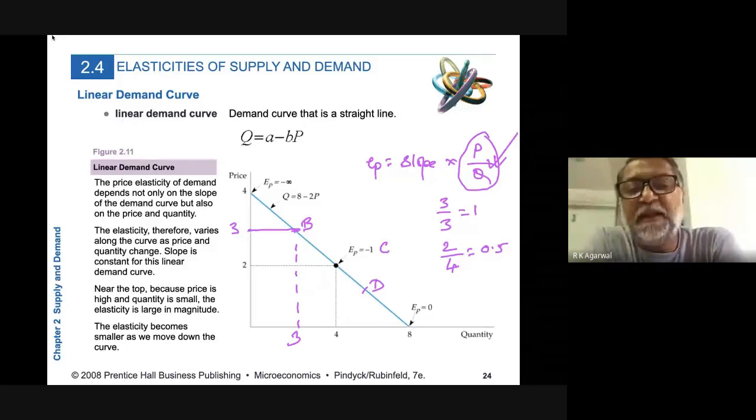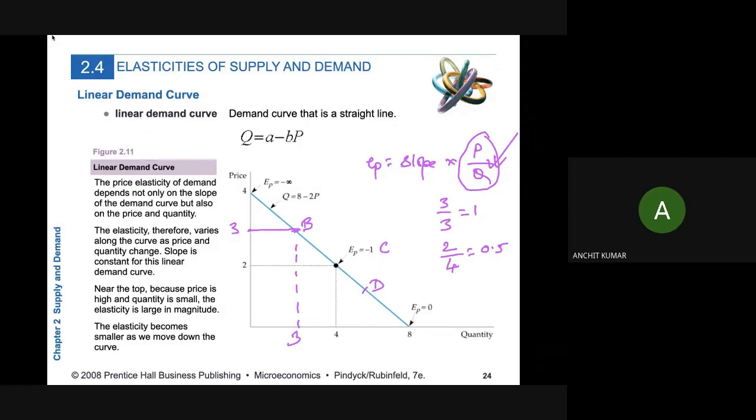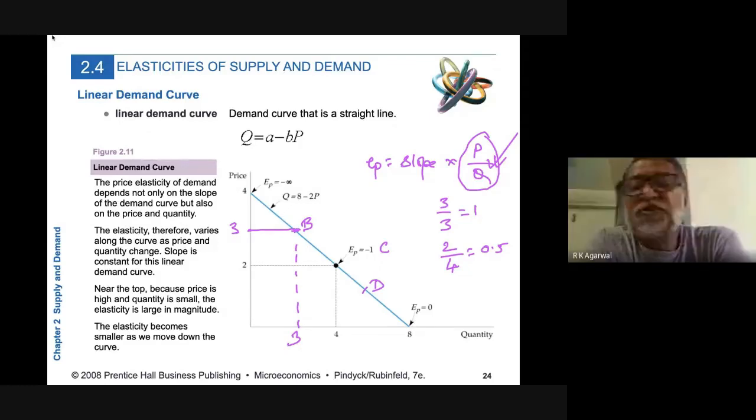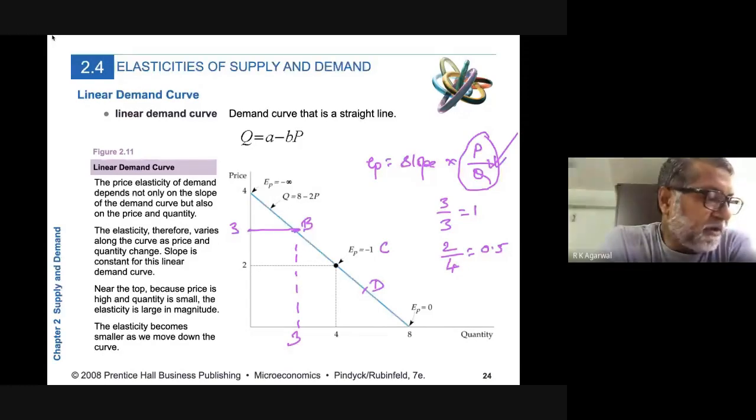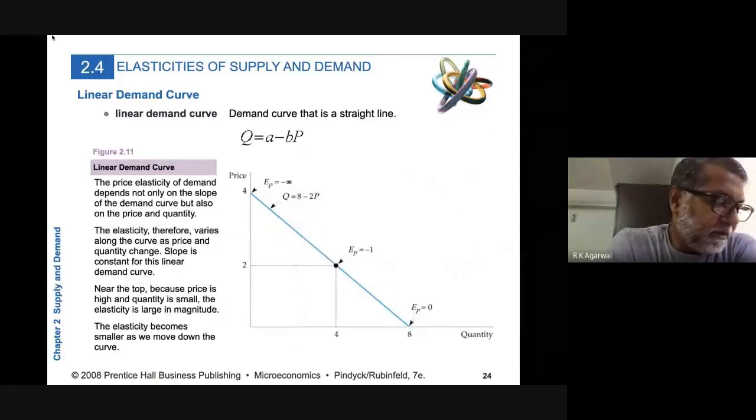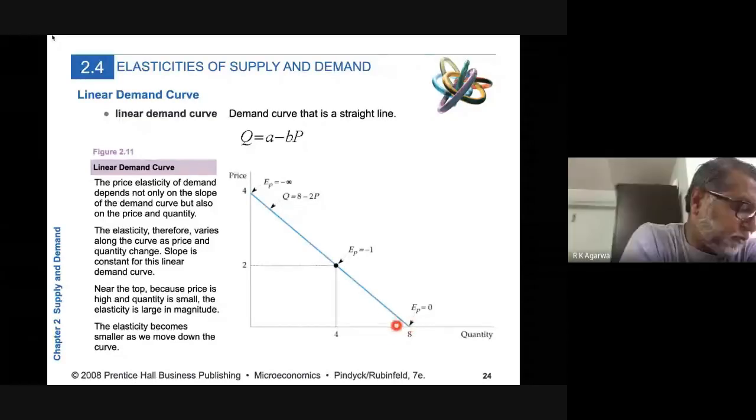So which factor will determine the elasticity along this line? The ratio of price to quantity. Now, think of this particular point here. Whatever the slope is, let it remain at that.